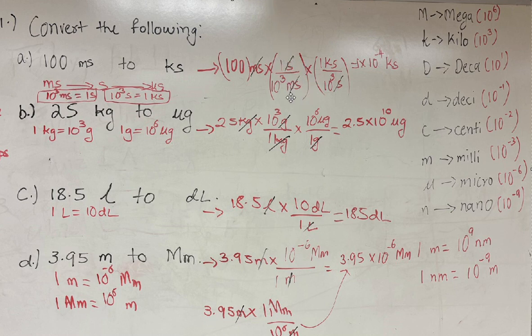The first relationship, I'm going to convert it from this relationship to this conversion factor you see here. 1 second over 10 to the 3 milliseconds. Why did I put the second on the top in the numerator and the millisecond in the denominator? Because the milliseconds must cancel out. Millisecond down here in the denominator cancels out with the millisecond up here in the numerator. Okay, if I had put it the other way around, 10 to the 3 milliseconds over 1 second, then there would not be any cancelling out.